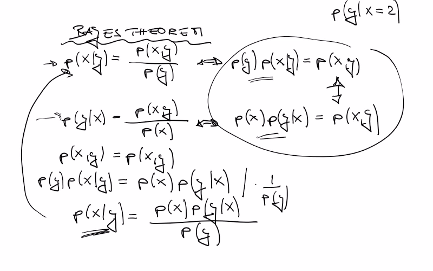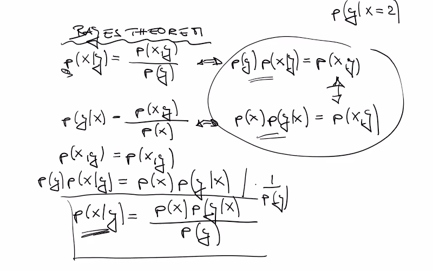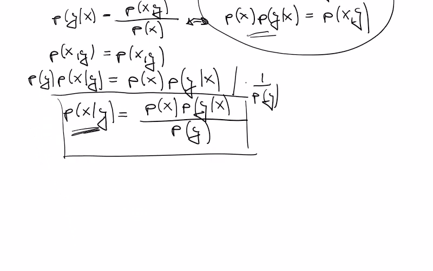That entity was already what we developed earlier, but we now have a new expression for it. And this expression here is called Bayes' theorem. Well, actually, the whole thing is called Bayes' theorem, not only the right hand side.